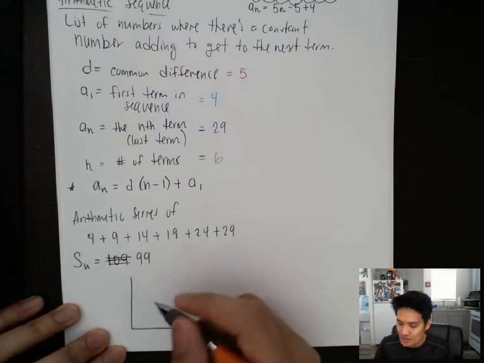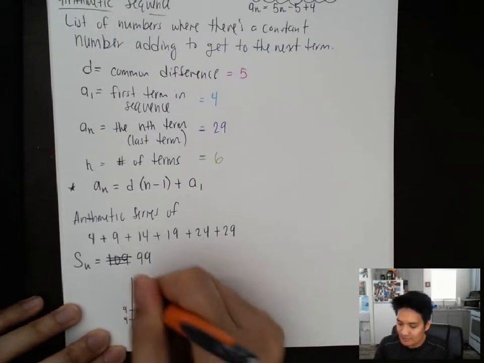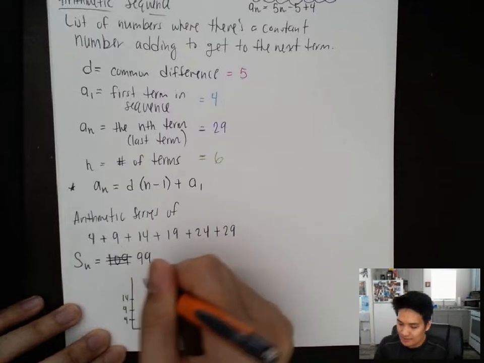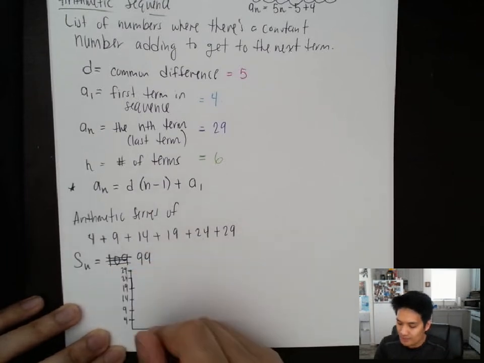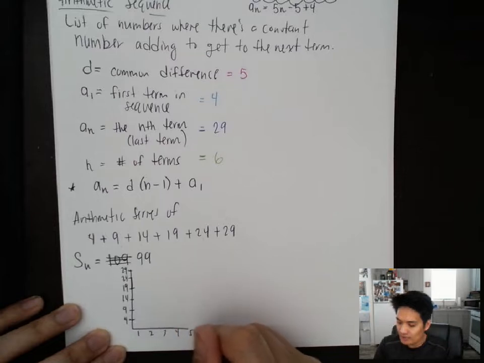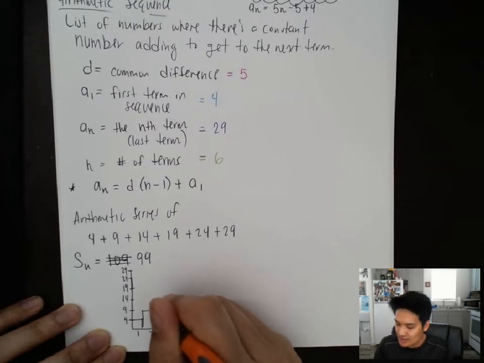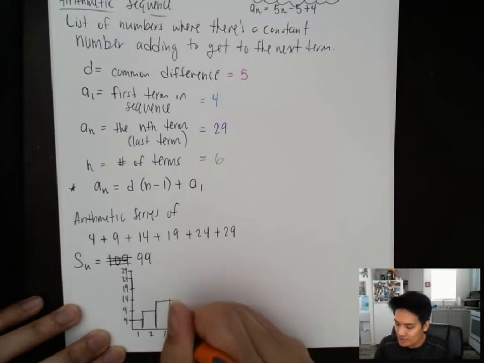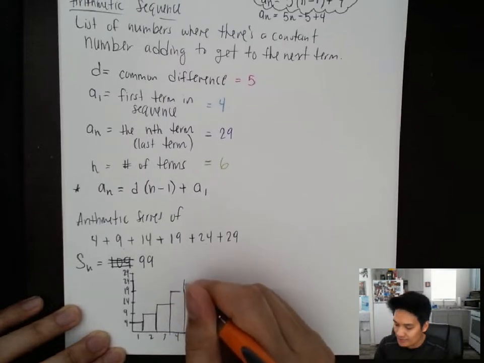Let's say we have 4 over here, then 9, 14, 19, 24, and 29, and then we have 1, 2, 3, 4, 5, 6. Here I have a graph that plots all of our data.